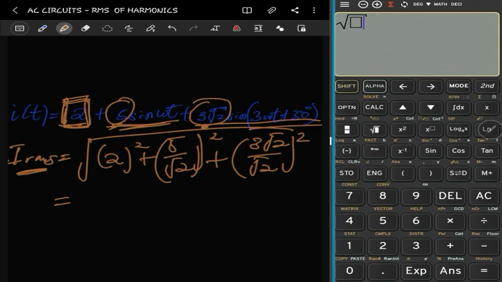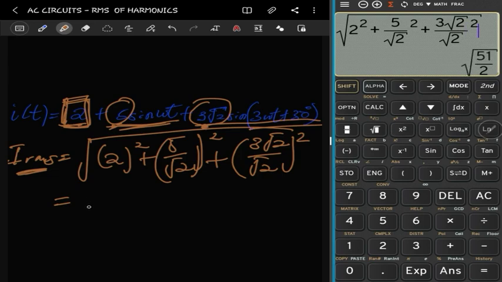Right, so we have 2 squared, then we have 5 on root 2, and we are squaring all, and we have 3. So let's do this first. 3 root 2 on root 2 basically cancels out, but let's put it, and then we square this side as well.